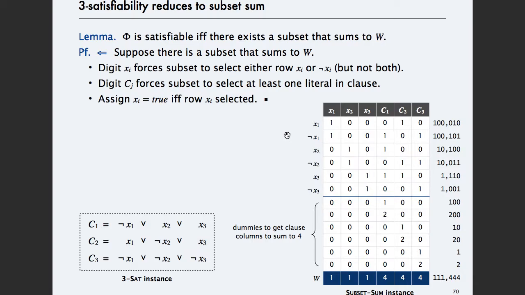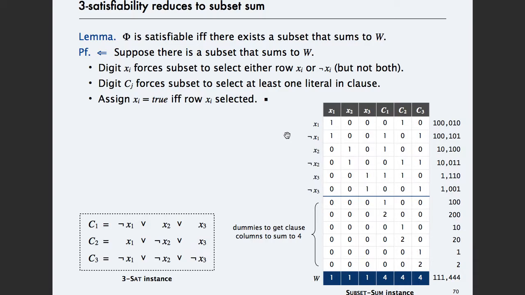And why? Well, the 4 is on, you basically create one number per each possibility, right? Per each variable, 2 per variable. One for positive, one for negative, one for true, one for false.